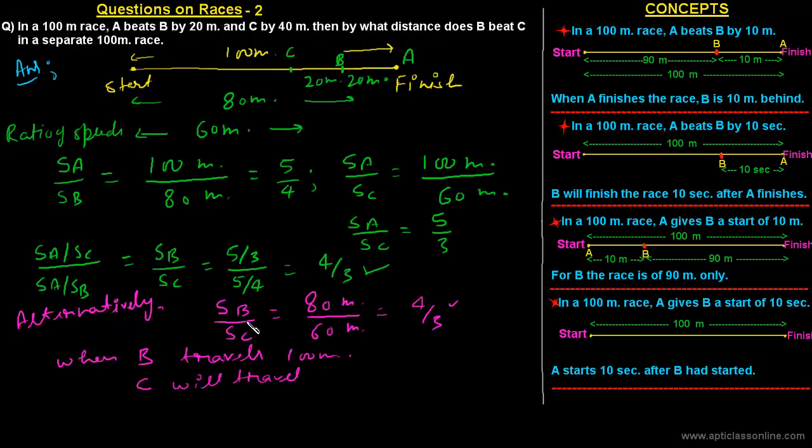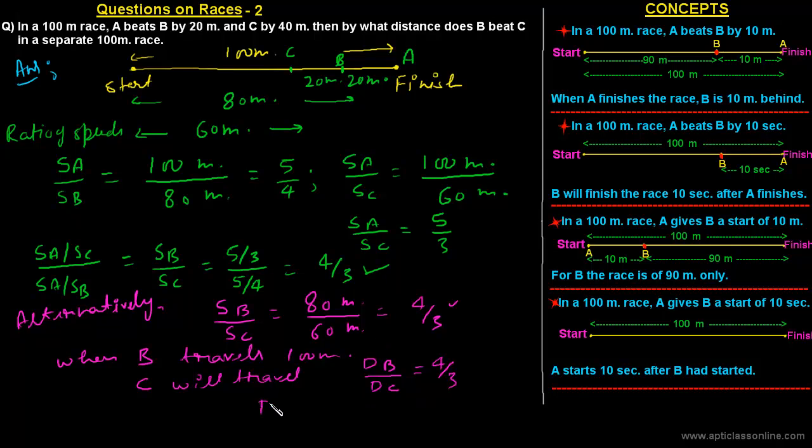Since the time is the same, the ratio of the distance traveled by B and C will be the same as the ratio of their speeds.